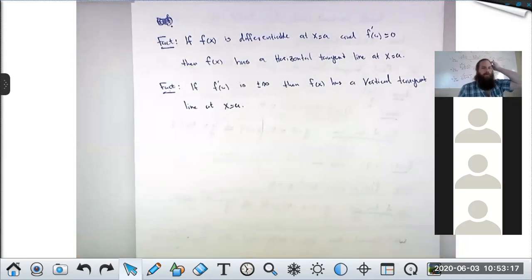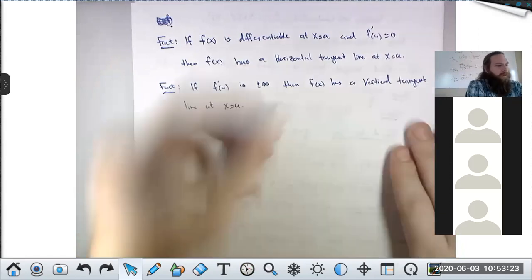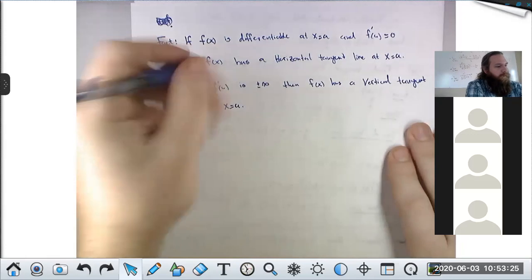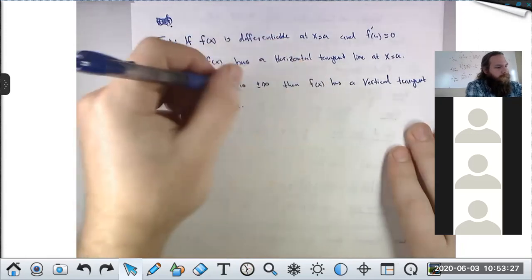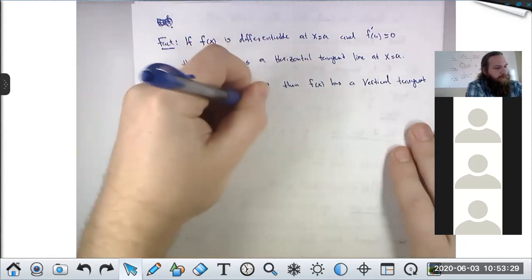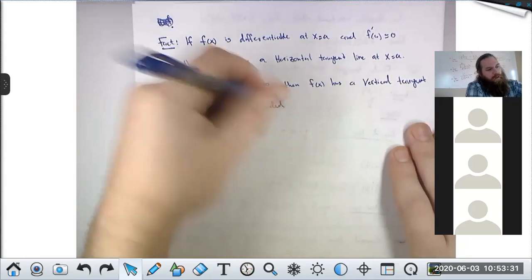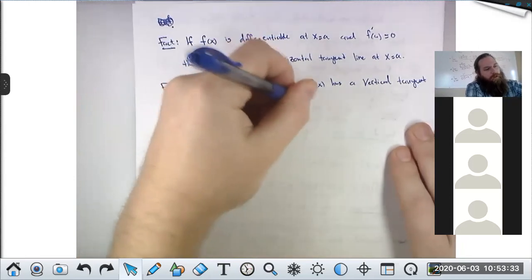Horizontal and vertical tangent lines are a little bit special. Here, we also need f of x to have a vertical tangent line, provided f of a exists.